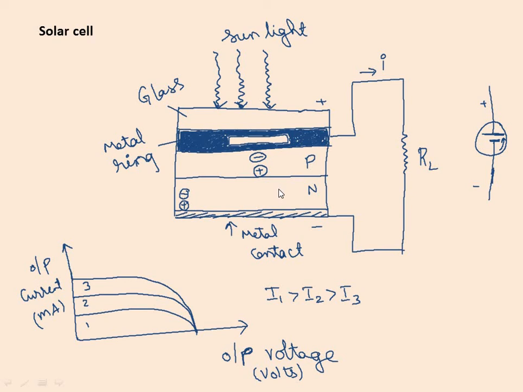The top of the p layer is provided with a few finger electrodes, which leaves enough open space for the light to reach the thin p layer, and hence the underlying PN junction. The bottom of the n layer is provided with a current collecting electrode. You can see here the metal contact is that electrode.